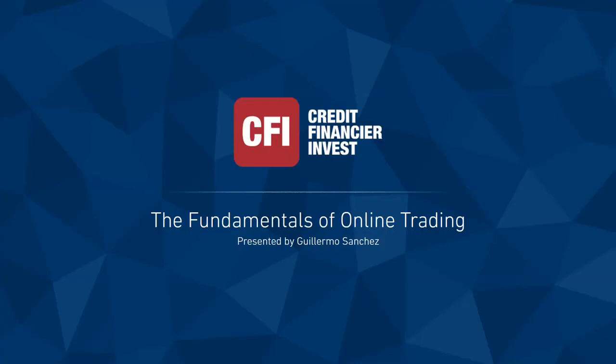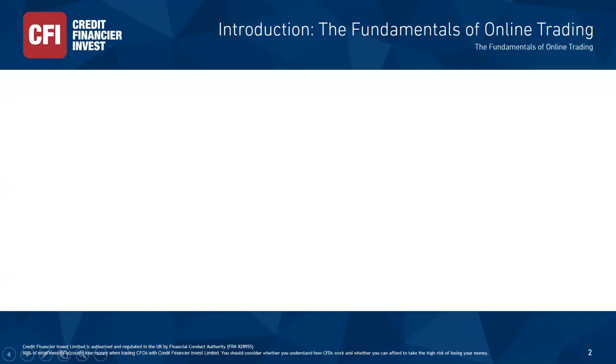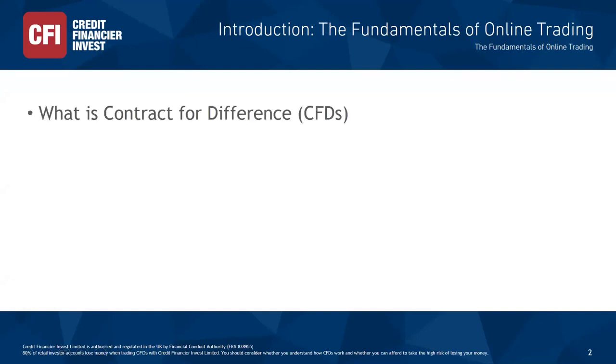So now let's start off with a little bit of what I will be discussing today. The first thing is what we'll be explaining to you: what is a contract for differences, also known as CFDs.